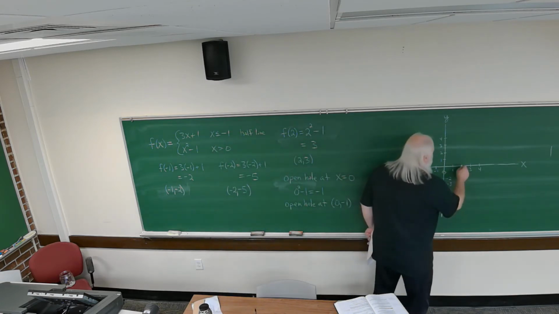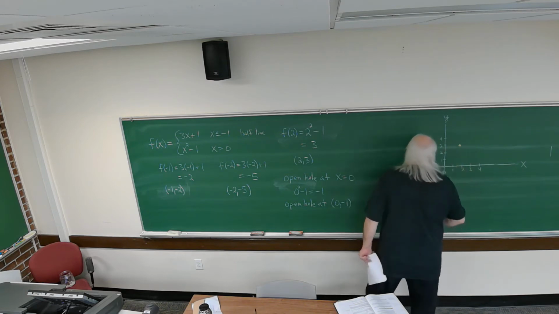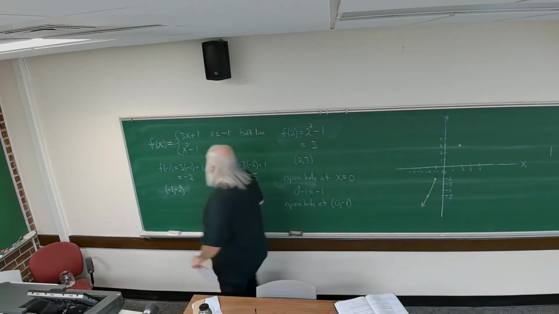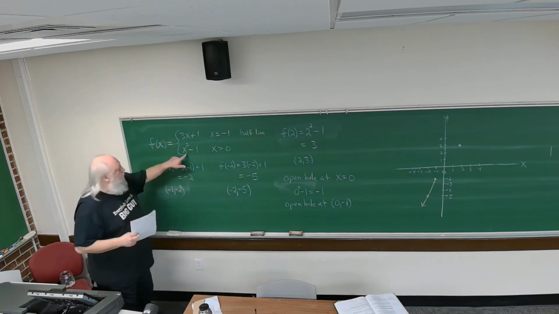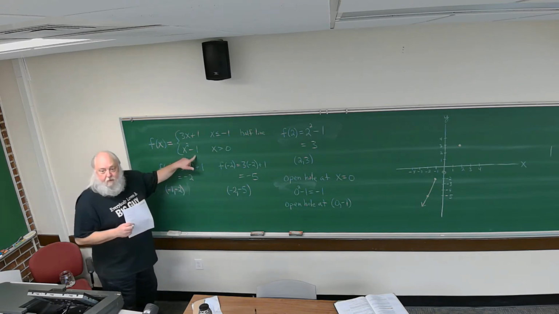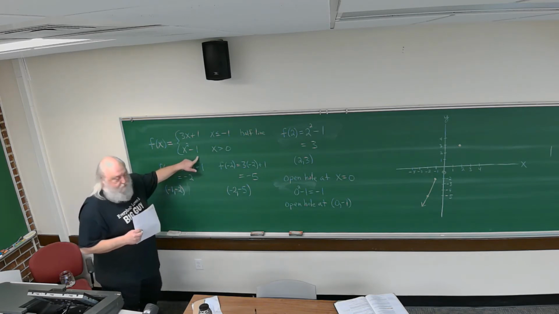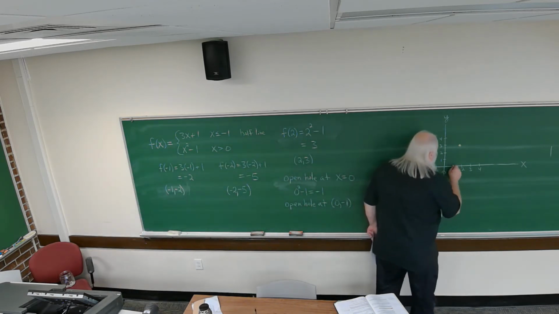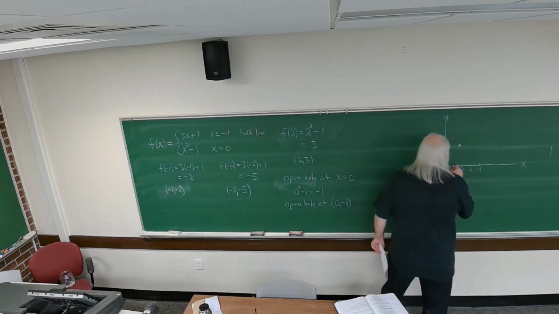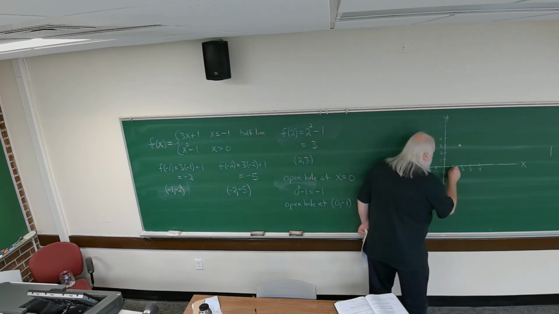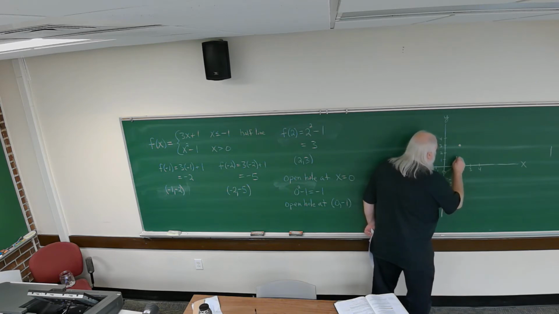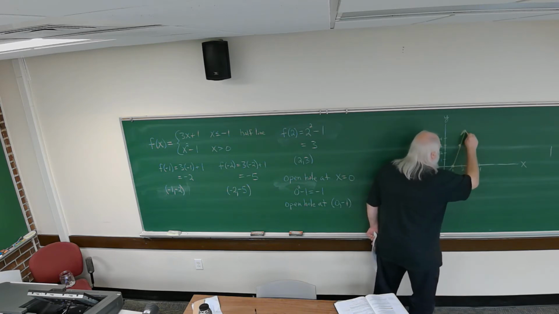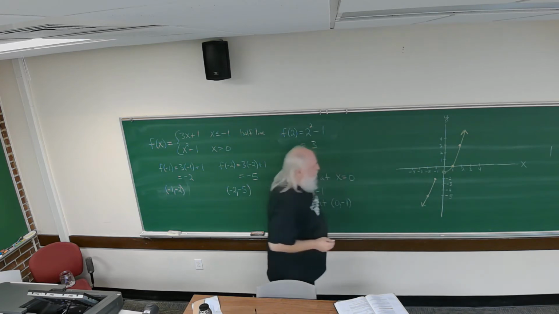So here's x equals 2, here's y equals 3. And we know that for x greater than 0, right, the graph is part of a parabola. And so it actually also, the graph crosses the x-axis at x equals 1.